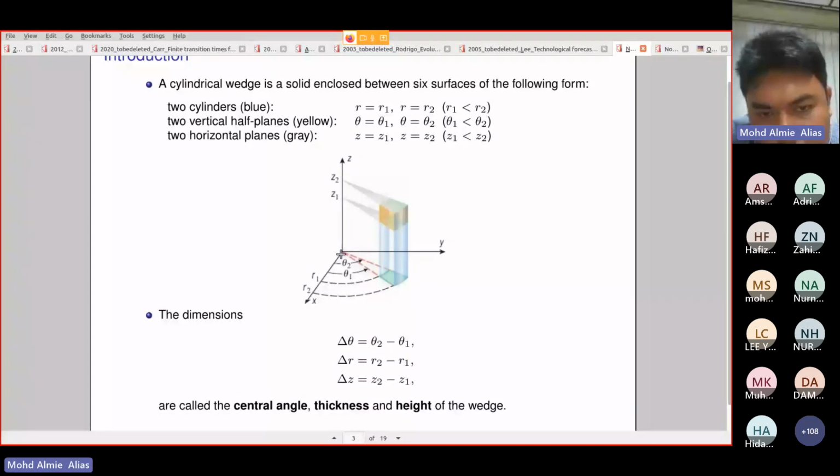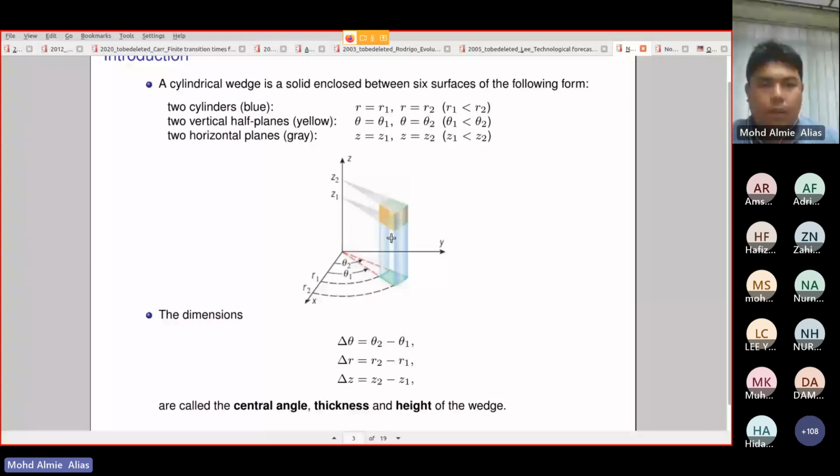And delta z is the difference in heights between the bottom boundary and the top boundary. This is quite obvious here, I don't need to describe this more. And delta theta, delta r, delta z are called the central angle, thickness, and height of the wedge.